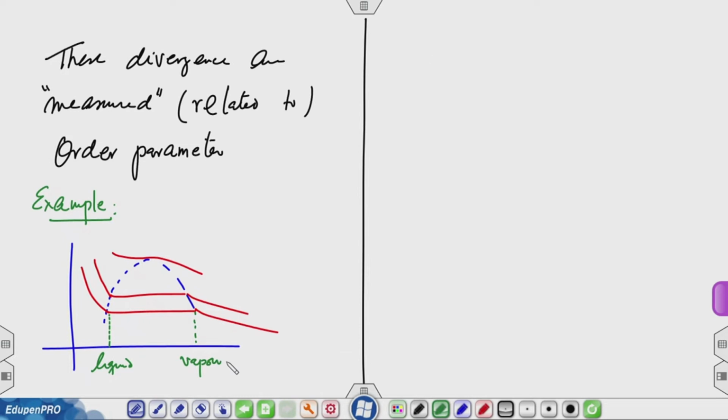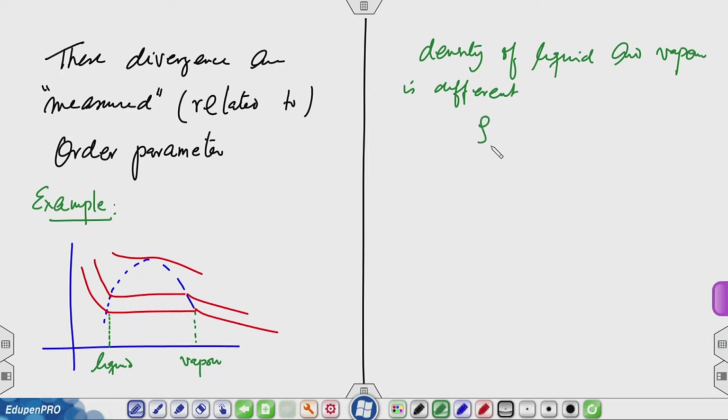The density of liquid and vapor is different, and rho liquid being greater than rho gas or rho vapor. So, I am going to call this rho liquid minus rho vapor to be my order parameter.